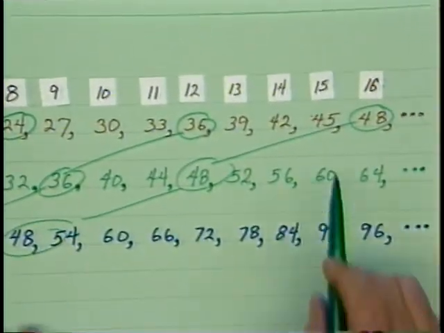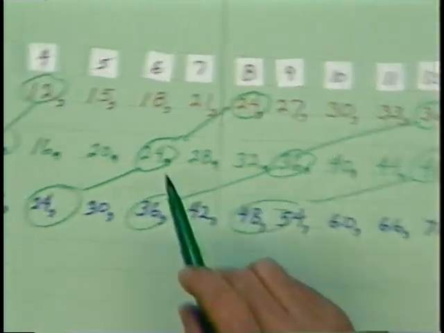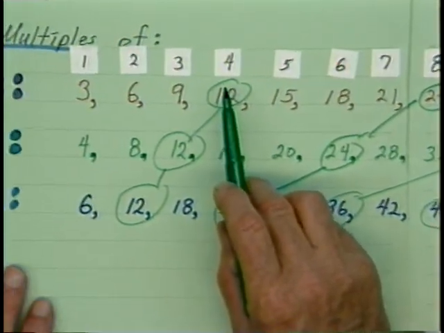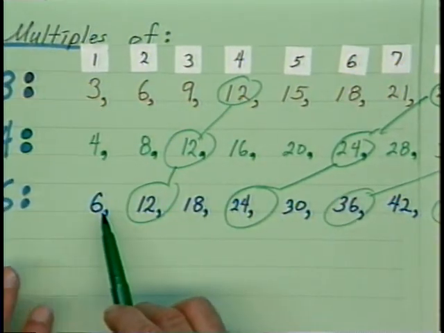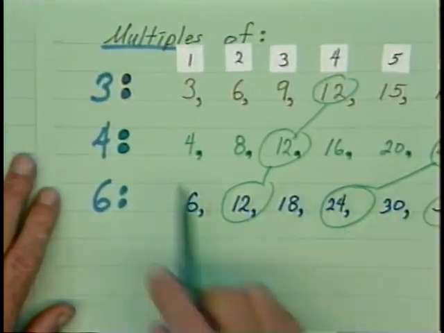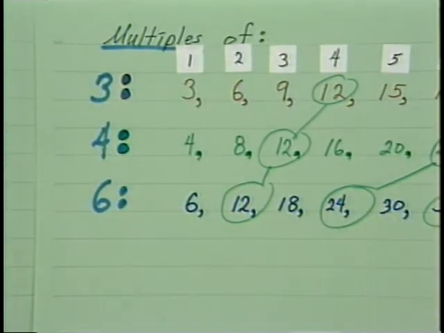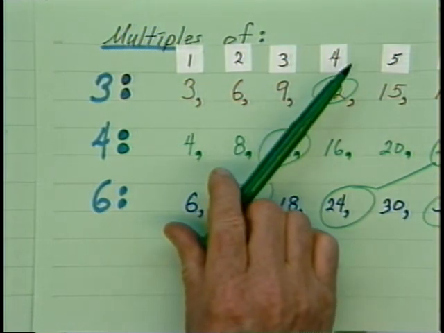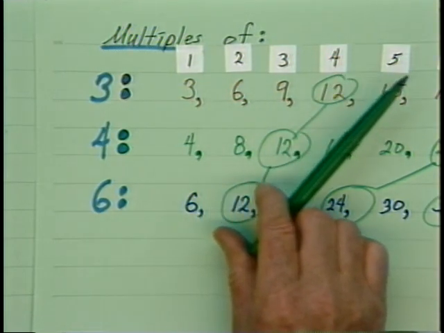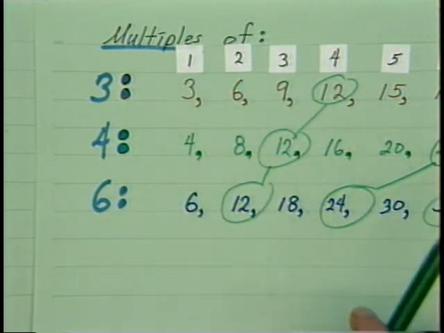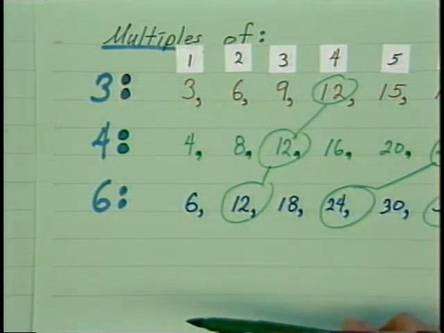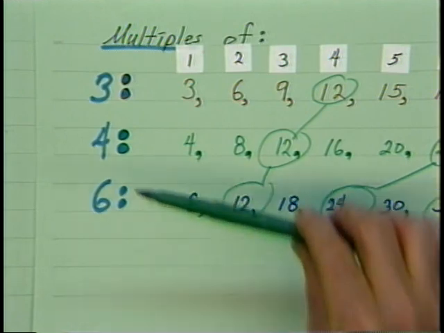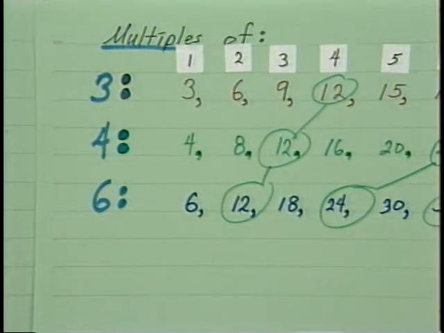So far we have 1, 2, 3, 4 common multiples of the numbers 3, 4, and 6. And the list of common multiples turns out to be a list that is also infinite. It goes on forever. There is no end of numbers, whole numbers, that 3, 4, and 6 will divide into.